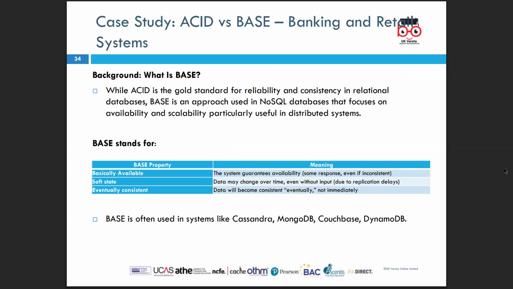So we have a case study here where we're looking at ACID versus BASE with the banking and retail systems. From the background, what is BASE? Well, we know that ACID is the gold standard for reliability and consistency in relational databases. BASE is an approach used in NoSQL databases that focuses on availability and scalability, particularly useful in distributed systems.